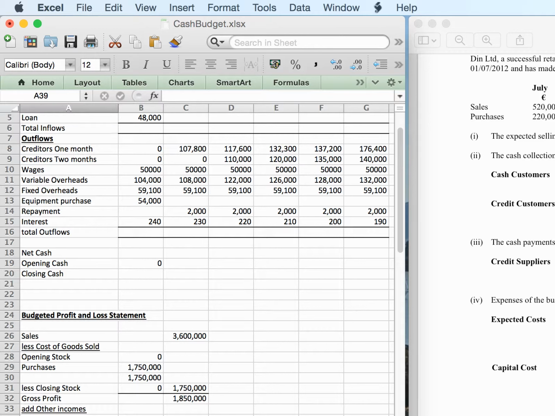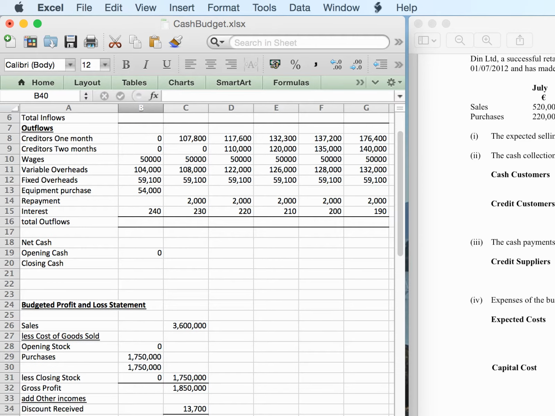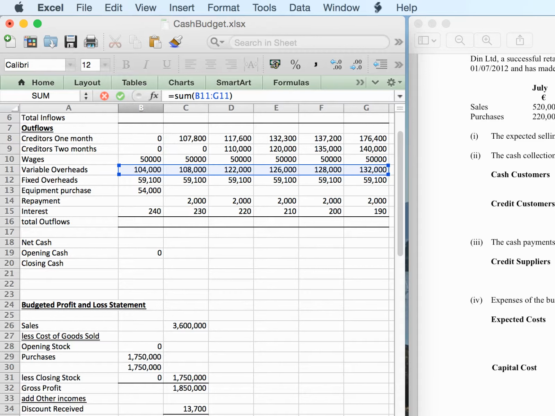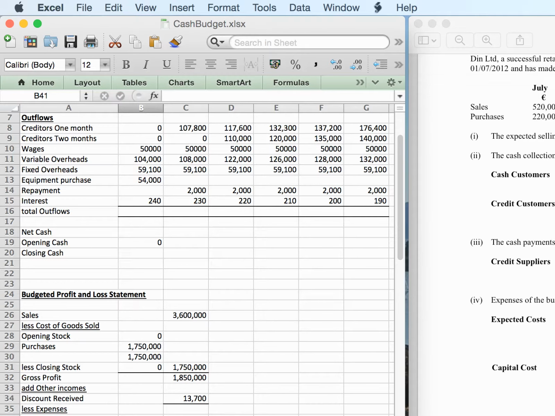Fixed overheads is 59,100 multiplied by 6 months. Variable overheads is going to be all of the numbers that I added above, so from this 104 along to the 132, and then we have interest.